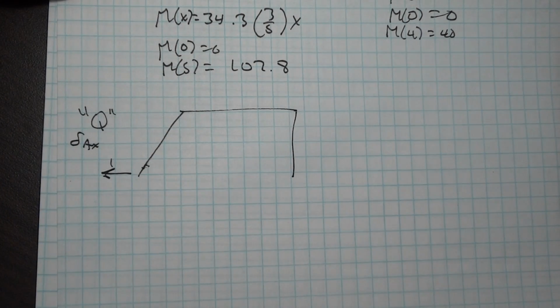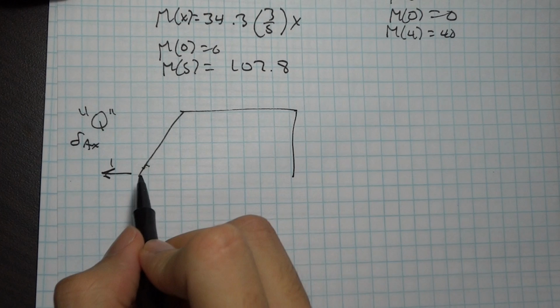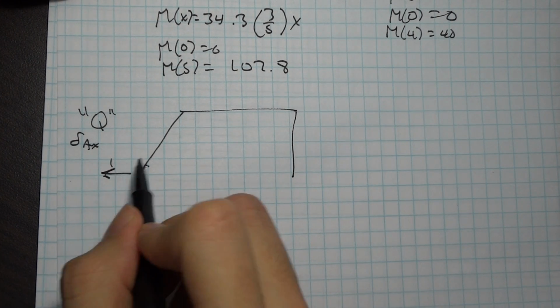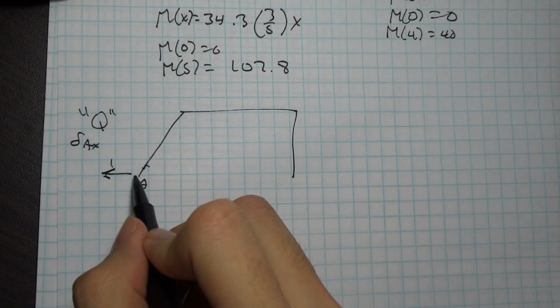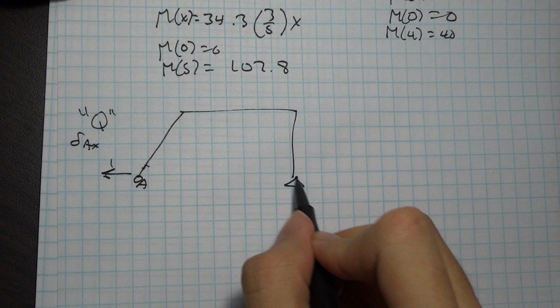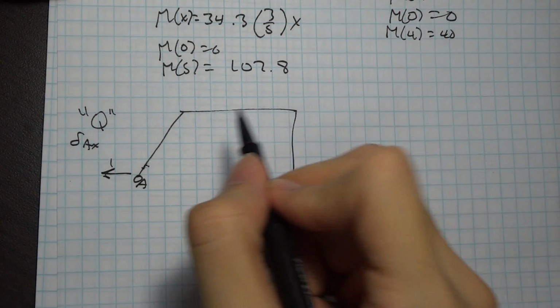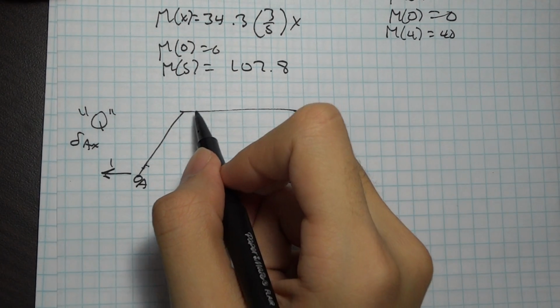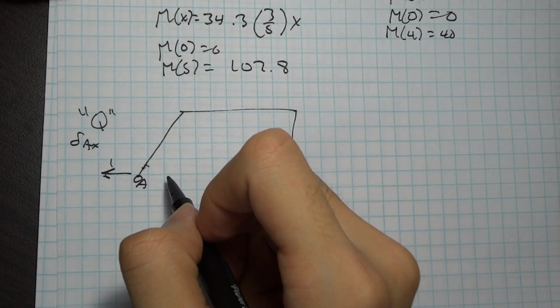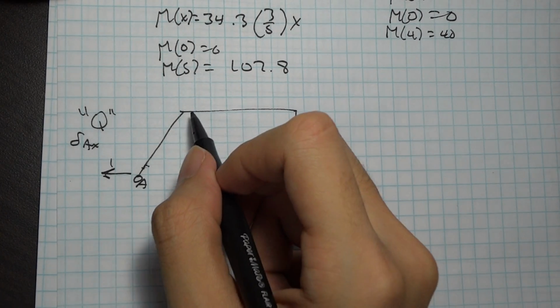So to find delta AX, we're going to apply a unit load of 1 at A in the X direction, and we're going to see what forces develop. I am not going to go into how to get the reactions for this. I will just say that you will have an axial component in here, and it is not necessarily what you'd expect.